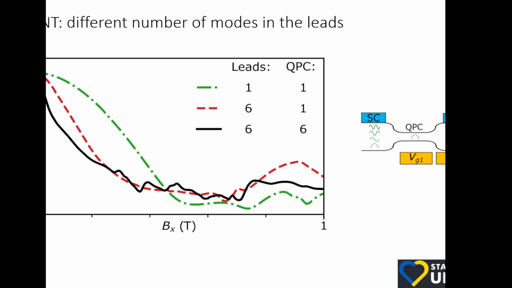For instance, if you have really one subband in the leads and in the QPC, just one quantum wire everywhere, yeah, the signal lives longer. But then if you start making more subbands in the leads, it gets suppressed. So that's why maybe that beautiful picture from the 2017 papers with a purely one subband regime is very far out of reach for us for now.